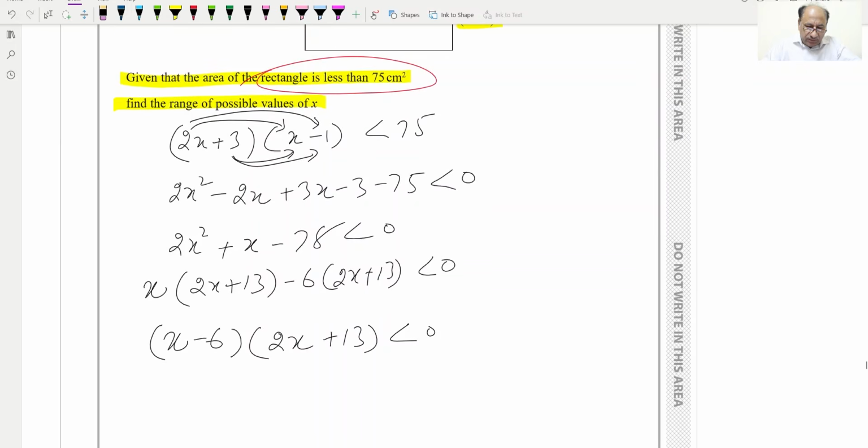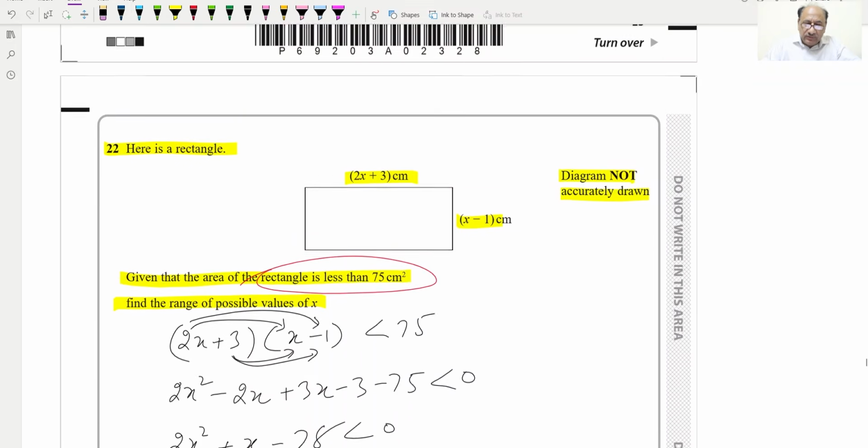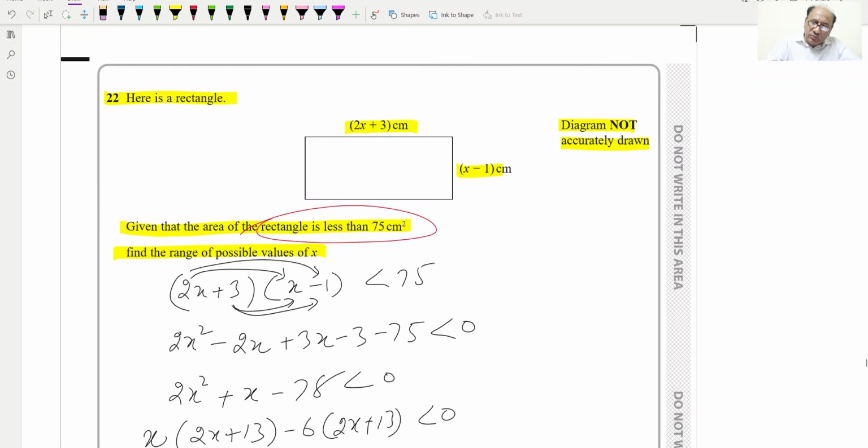Now we can check from here that this one cannot be 1. See, x minus 1. If x is equal to 1, this is for your understanding. If x is equal to 1, x minus 1 will be equal to 0. If this side is 0, it means area is 0.